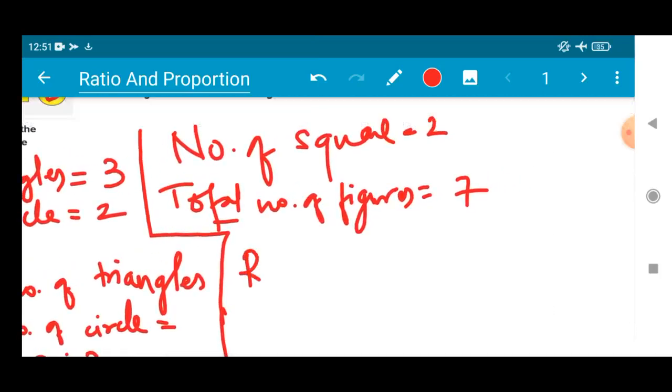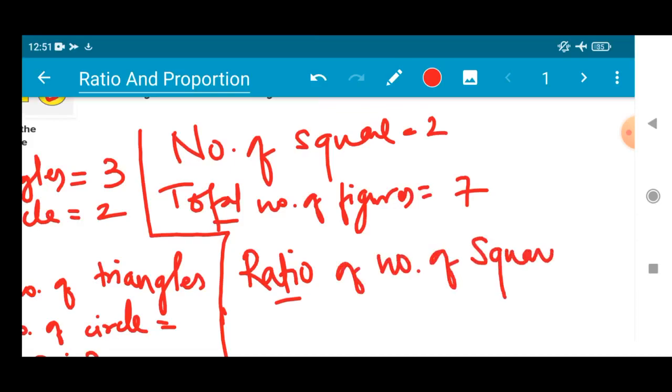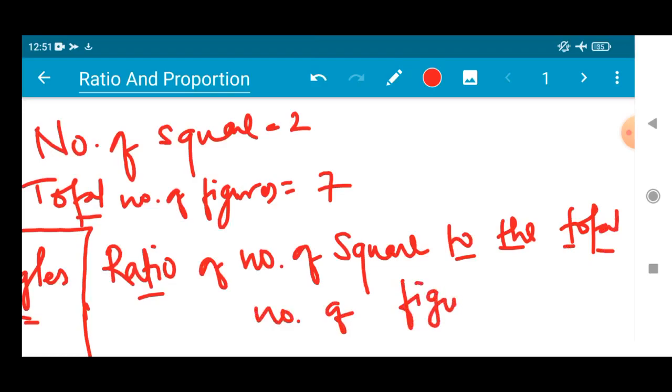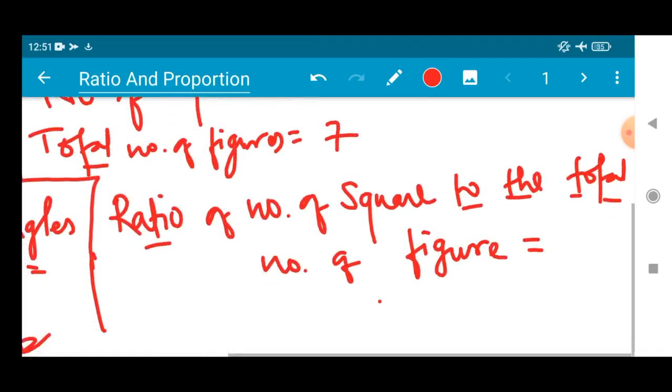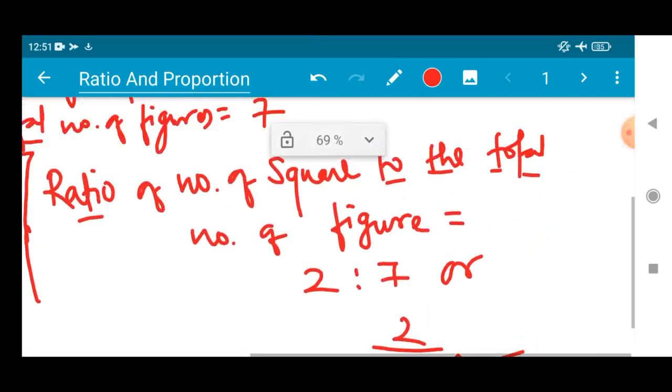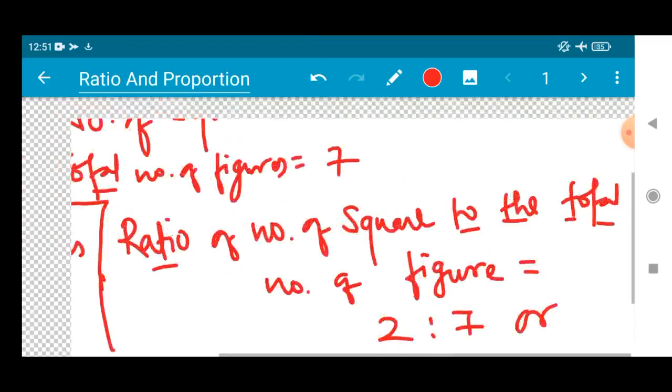Now we have to find the ratio between these two. Ratio of number of squares to the total number of figures is equal to 2:7, or it can be written as 2/7 also. Both will be representing the same, right? I hope you have understood.